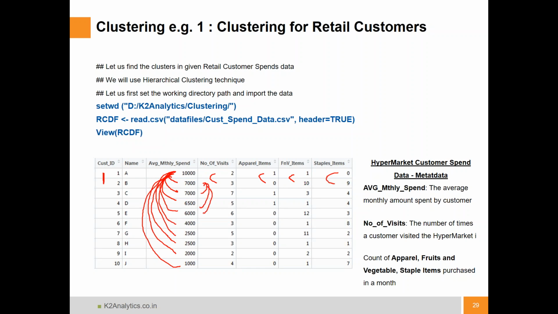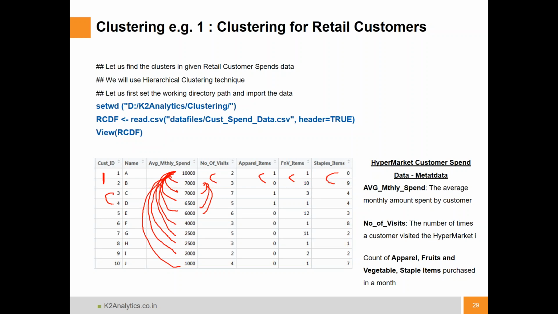All combinations which are possible have to be done. And whichever is the smallest distance, say assume the distance between C and D is the least of all the calculations, those two will get combined together into one cluster.